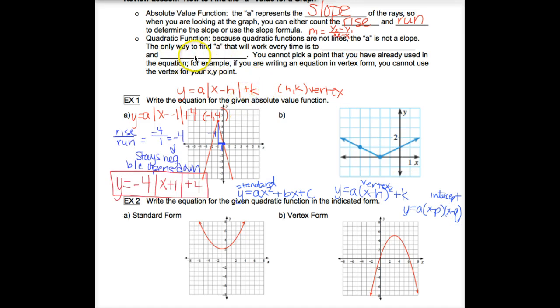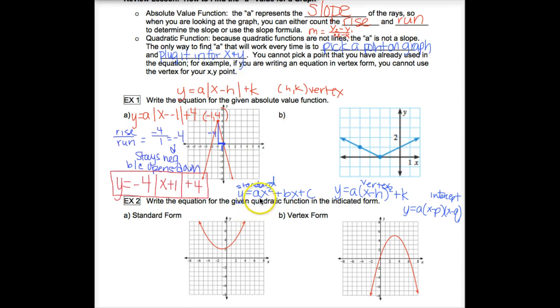The only way to find a that is going to work every single time is to pick a point on the graph and plug it in for x and y, because every point has an x coordinate and a y coordinate.